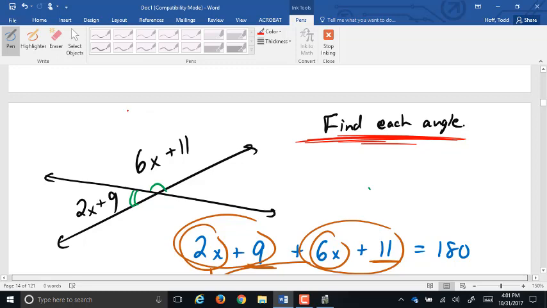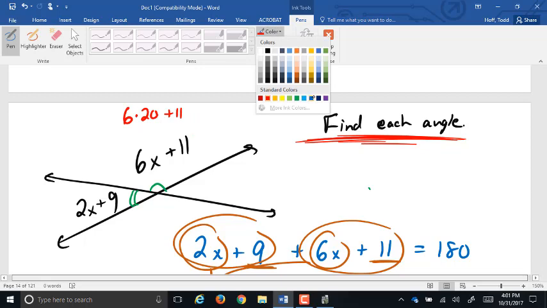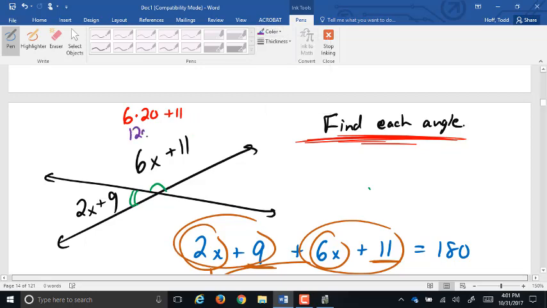We put x in. So instead of 6x, it is 6 times 20 plus 11. 6 times 20 is 120. Plus 11 is 131 degrees. Now, at this point, we can take a shortcut and just subtract from 180 to find the other angle.